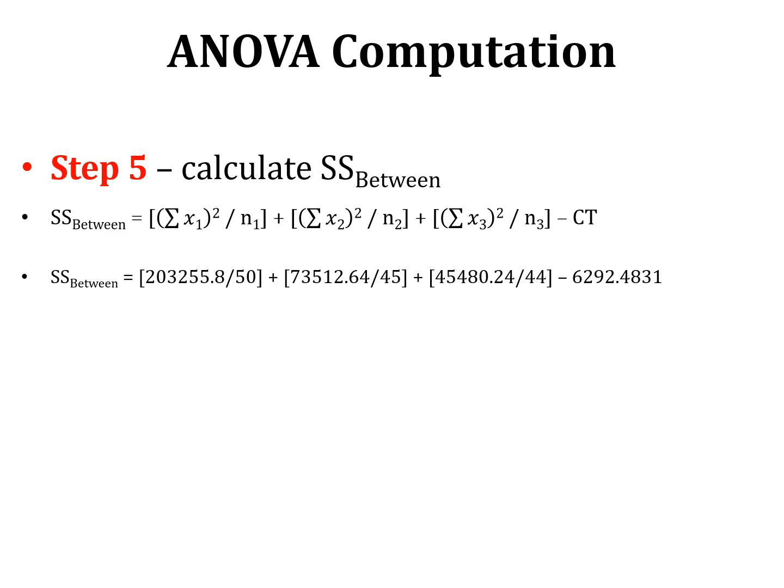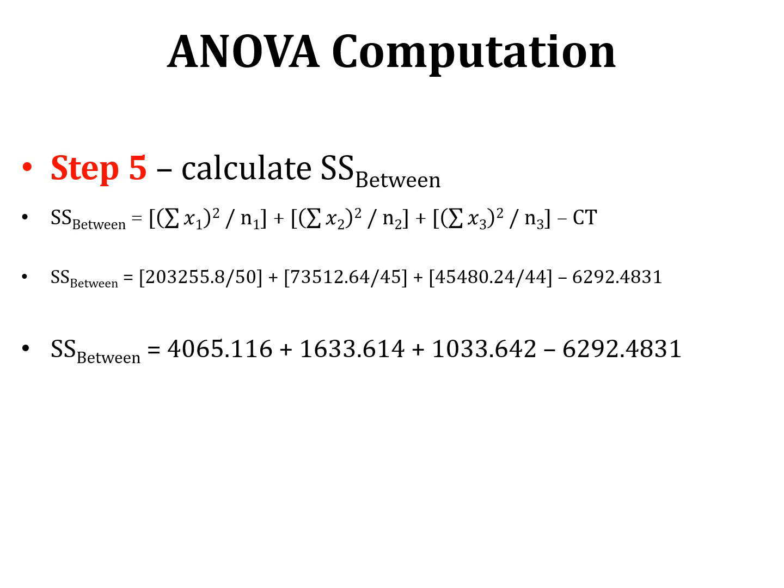So the values for the first sample are 203,255.8 divided by 50, and the values for sample number 2 is 73,512.64 divided by 45, and the values for sample number 3 is 45,480.24 divided by 44. Then we take the sum of these values and subtract them from the correction term, and here we are with the sum of squares between, which is 439.89, right?